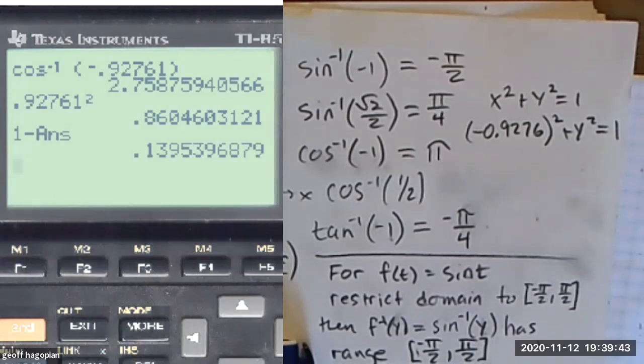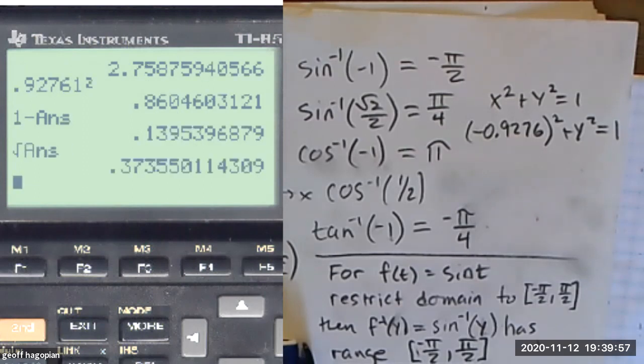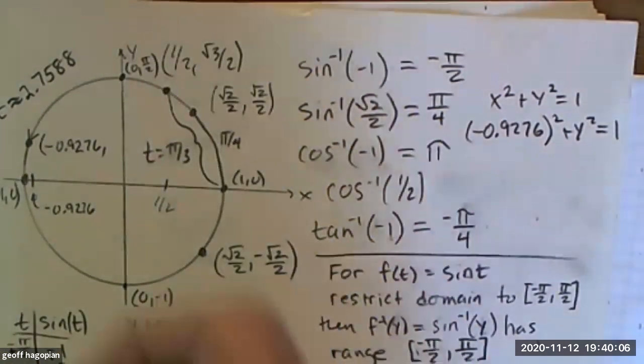So I want the square root of that. So I'm going to say second, square root button somewheres. You can't see the keys, but yeah, there's a square root. And I'm going to say the square root of that last thing. And so I get about 0.3736. And I'm going to write that on my sheet here, right?